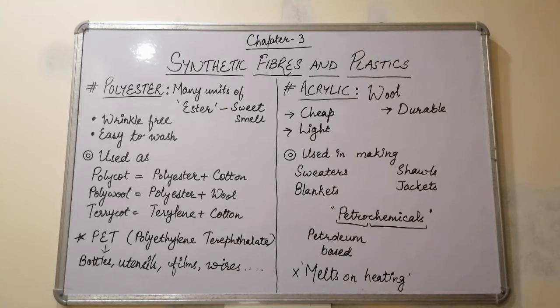In the making of these artificial or synthetic fibers, these petrochemicals are used as solvents. Solvents means, as we say that water is the universal solvent. Universal solvent means almost every kind of material or almost every kind of salt is soluble in water, and hence we call water the universal solvent.